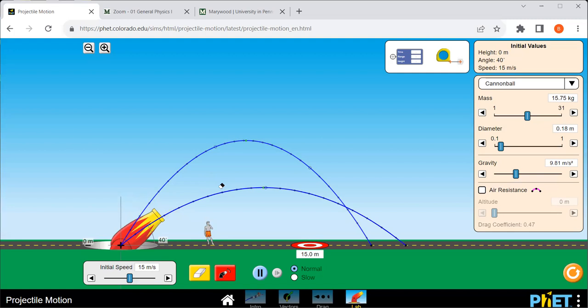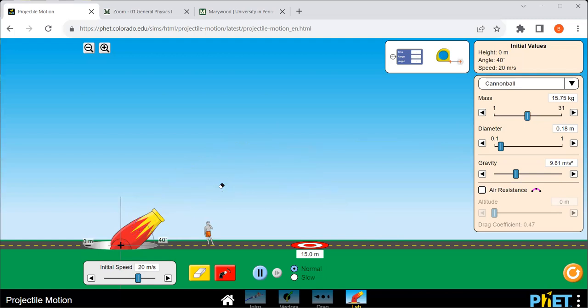If we change the initial speed, you will see that it also changes the path, the trajectory, depending on many factors. So you can change the motion of the object by changing the initial speed, by changing the angle, or by changing the gravity. Now the one interesting thing I want to show you is, so let me make it 10.